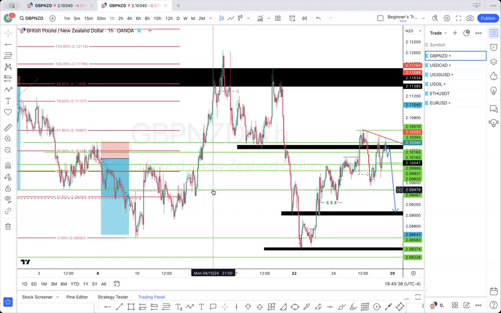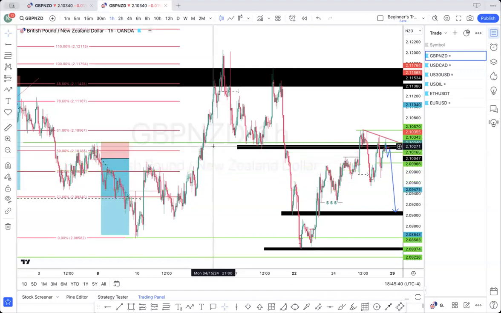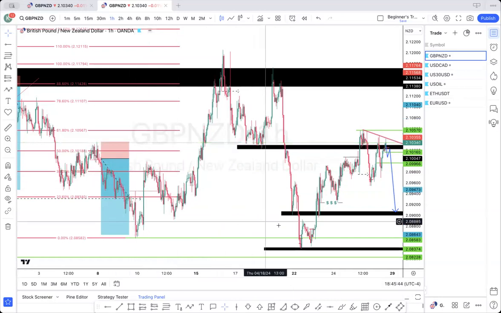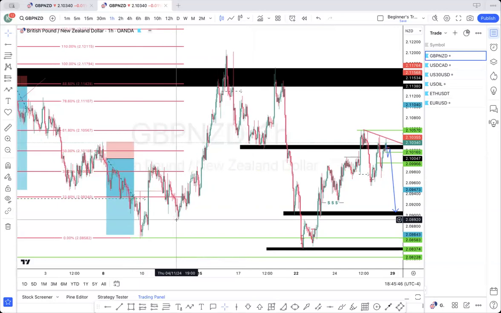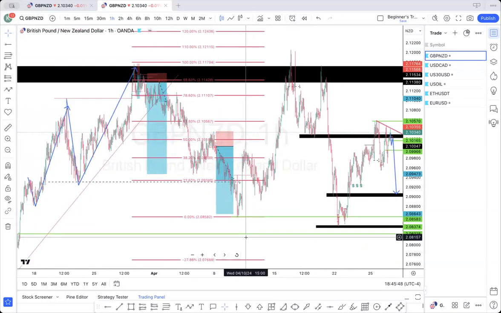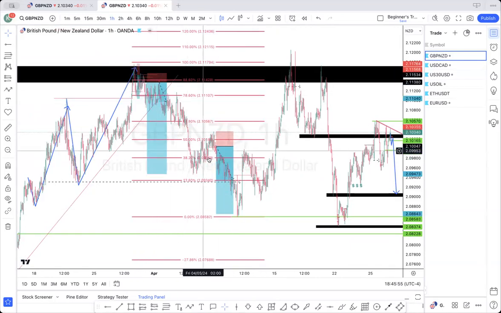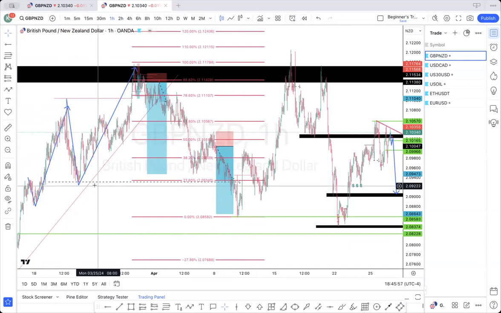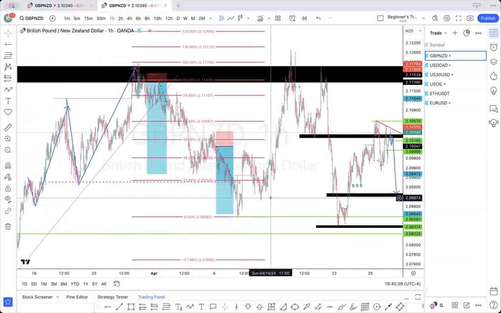I'm just going to delete all these green lines. It's driving me crazy. Okay. So once price, this was a swing low. This was a major low. This was the low that caused the down move and the break of these structures.